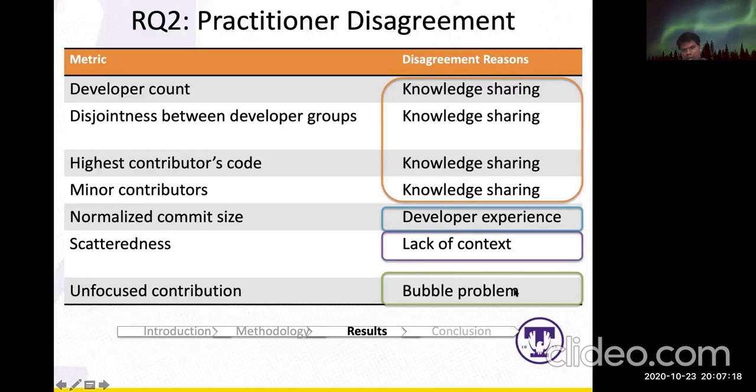And similarly, due to lack of context, scatteredness is not correlated with defective IC scripts. And finally, bubble problem, which is where one practitioner is only working on one script and does not focus on other artifacts, other scripts, or other parts of IC development. Unfocused contribution is not actually related with defective IC scripts.